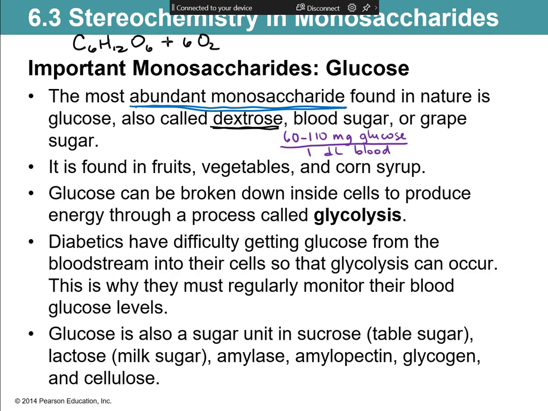In your cells, your body would like to take glucose, combine it with 6 oxygens, and form 6 carbon dioxides and 6 H2Os and lots of ATP.